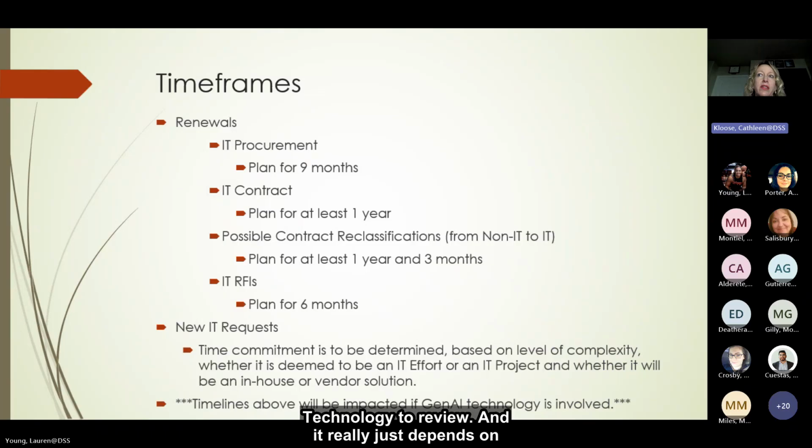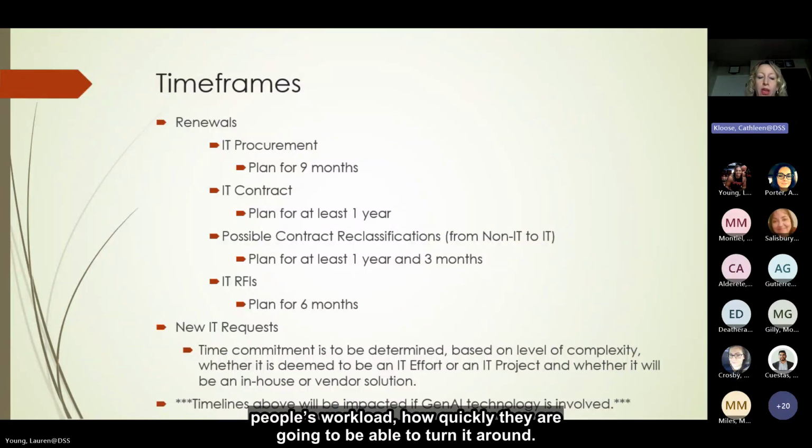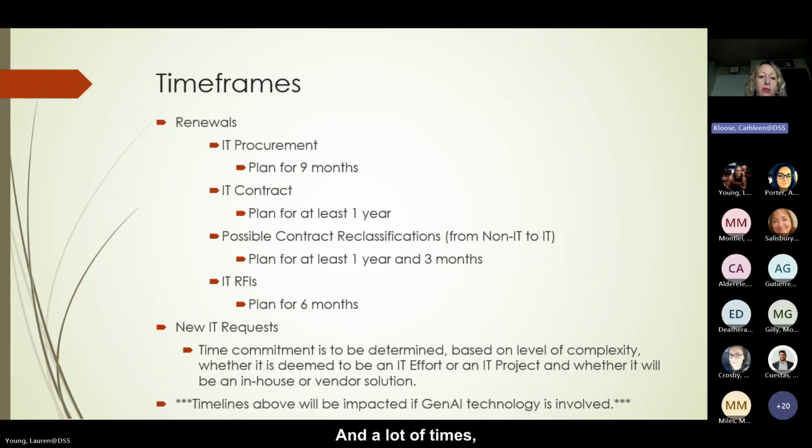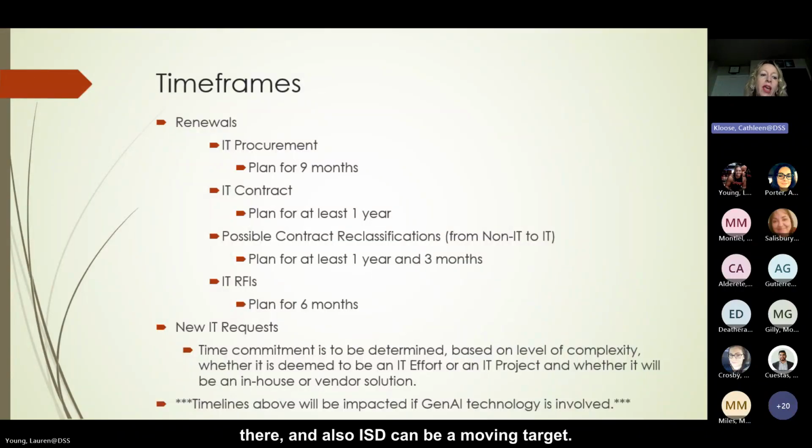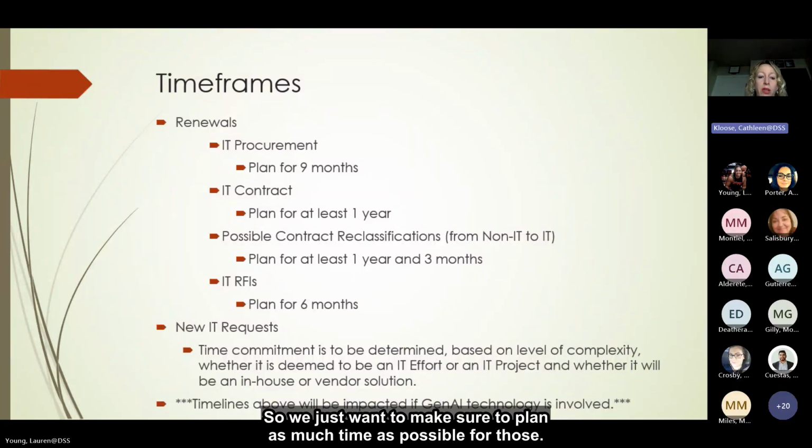It depends on people's workload, how quickly they can turn it around. We don't have a good pulse on CDT until we send something over there, and ISD can be a moving target. So we want to plan as much time as possible for those.